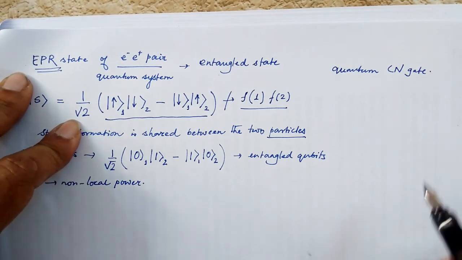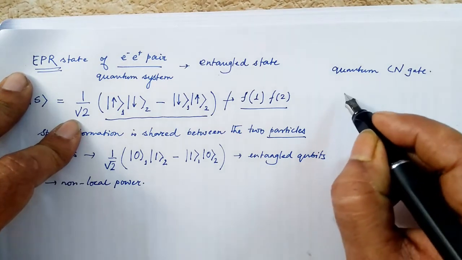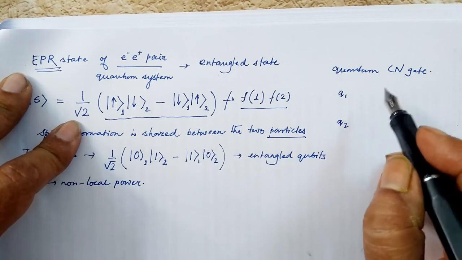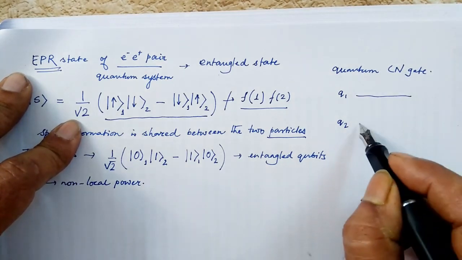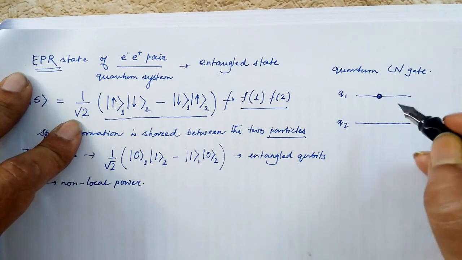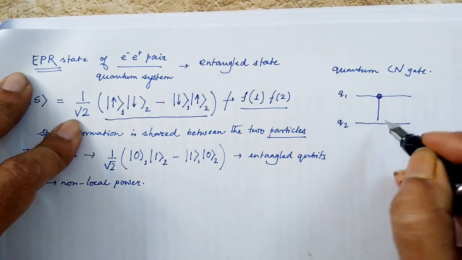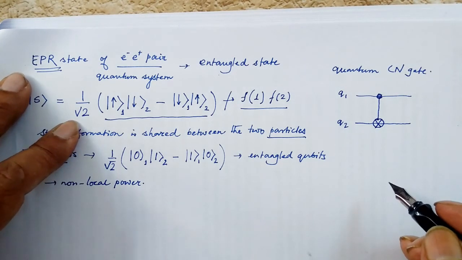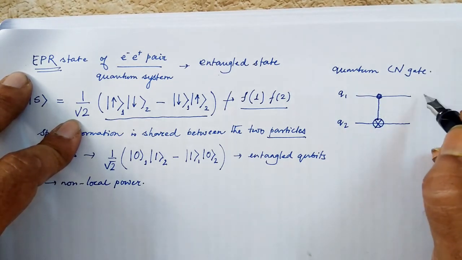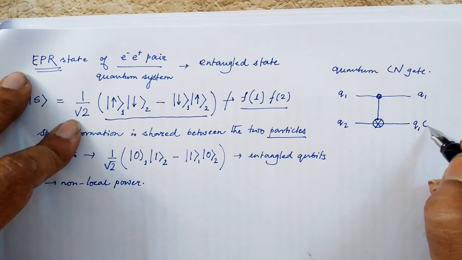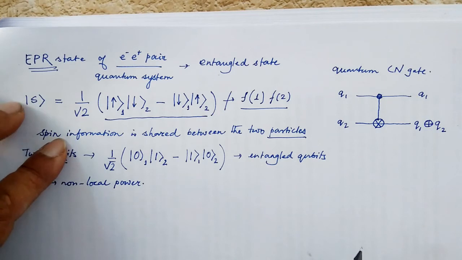Okay, so how it worked: we have qubit 1 and qubit 2, and these are their timelines. At some point on their timeline, we apply a controlled NOT gate. So this remained as Q1, and this became the XOR of Q1 and Q2.